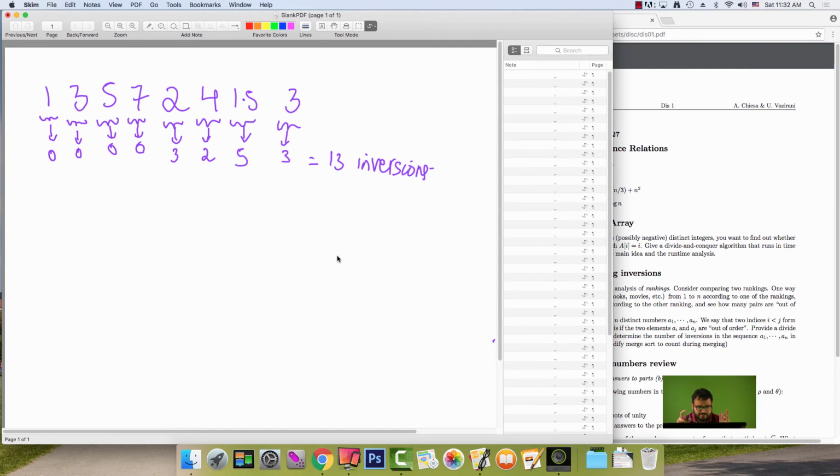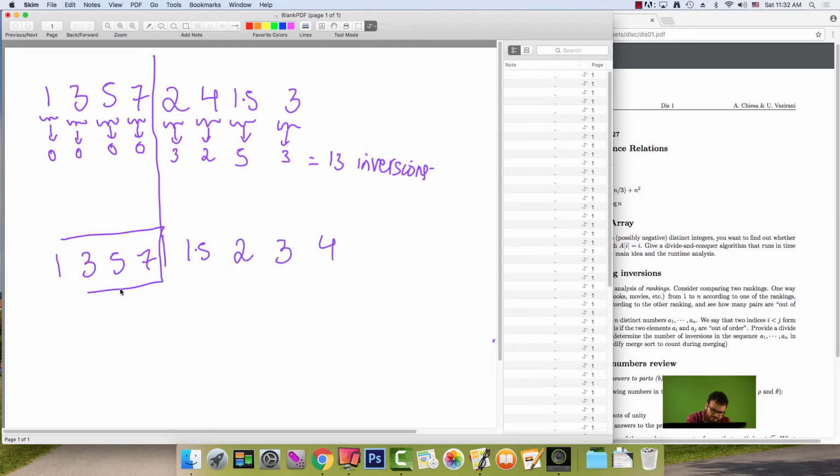Let's say that I was able to split this array up into half, and I sorted this part and I sorted this part. Sorting this part gives me 1, 3, 5, 7. Sorting this part gives me 1.5, 2, 3, 4. Let's say I could do this.